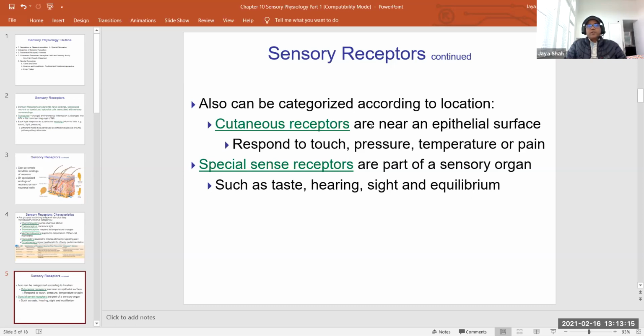These cutaneous receptors respond to touch, pressure, temperature, and pain, whereas special sense receptors are part of sensory organs, such as taste by the tongue, hearing by your inner ear, sight or vision by your eye, and equilibrium or balance also by your inner ear. Okay.